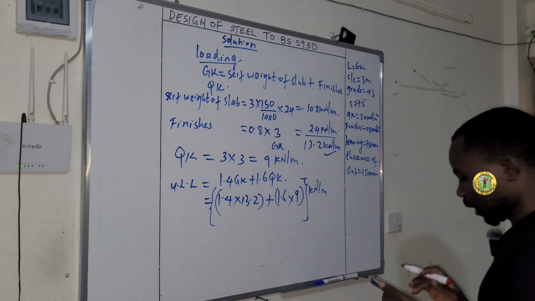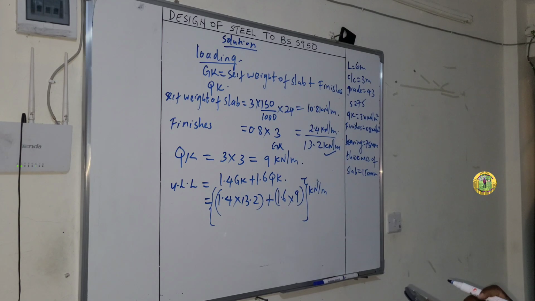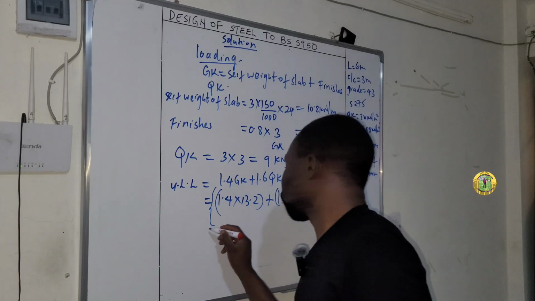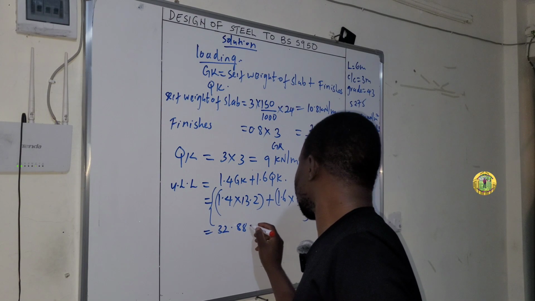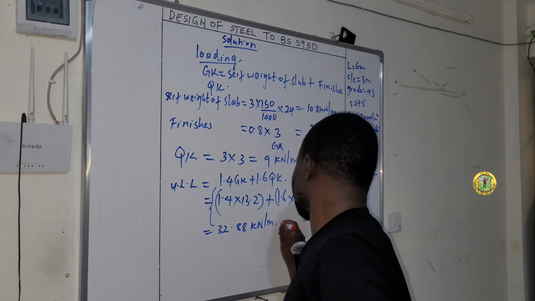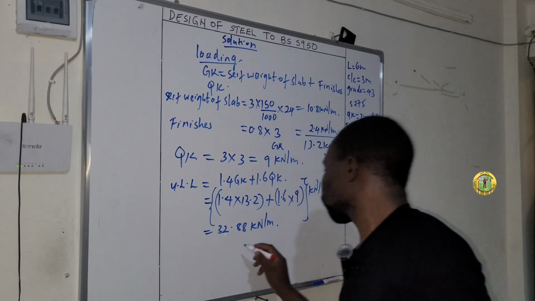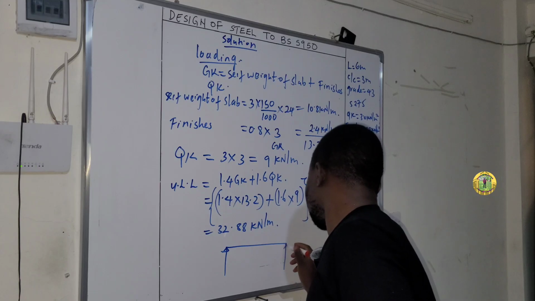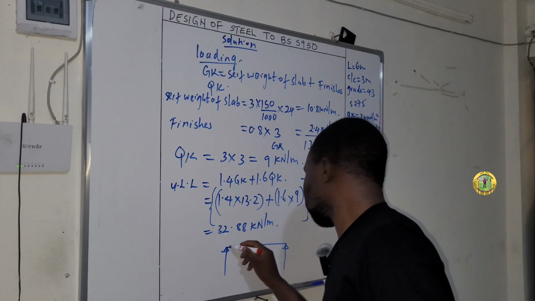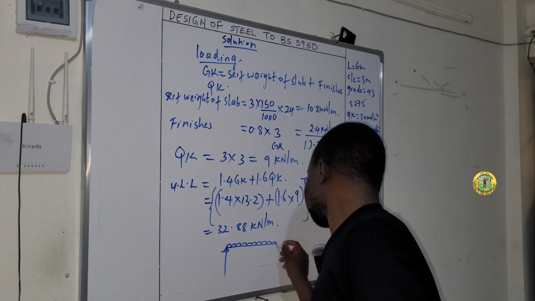So let's carry out the operation: 1.4 times 13.2 plus 1.6 times 9. So this one is equal to 32.88 kilonewton per meter. So if I draw the beam here with the ultimate load, this is what I will have.